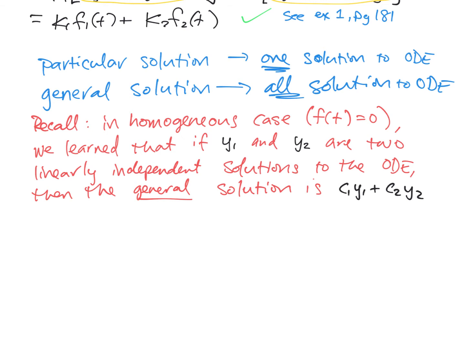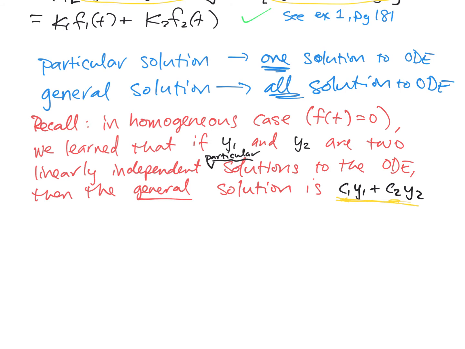In the homogeneous case, where the right-hand side f of t equals 0, if you've got y1 and y2, which are two linearly independent particular solutions, then you get the general solution, which is this family of functions parameterized by these two constants, C1 and C2. And that describes any possible solution to your ODE.